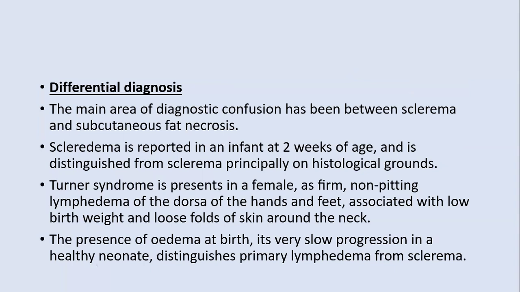It also has to be differentiated from Turner syndrome, which presents in females as firm non-pitting lymphedema of the dorsa of the hands and feet, with low birth weight and loose folds of skin around the neck. The presence of edema at birth with very slow progression in a healthy neonate distinguishes primary lymphedema from scleroderma.